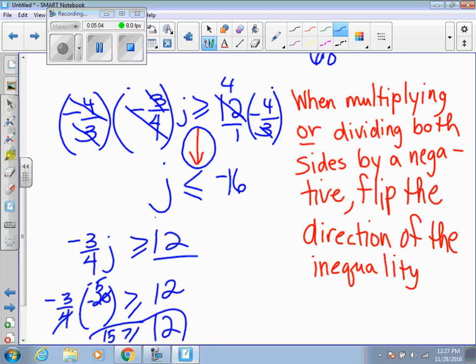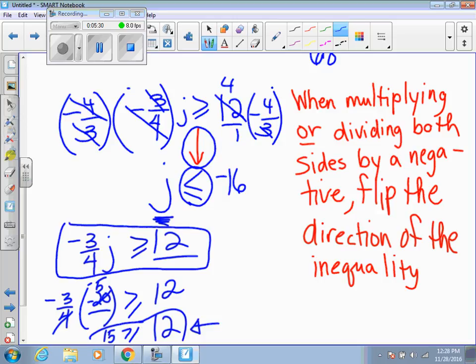So if I choose a number that is smaller than negative 16, which I chose as negative 20, then when I solve the problem, I get 15 is greater than 12, which is true. So if I had not turned this, I would have had to put in a number bigger than negative 16, and it wouldn't have worked out when plugging in the numbers into the original equation. So if I plug in a j of negative 20, which is smaller than negative 16, I get positive 15, which is greater than 12, which was the original value in the original equation.